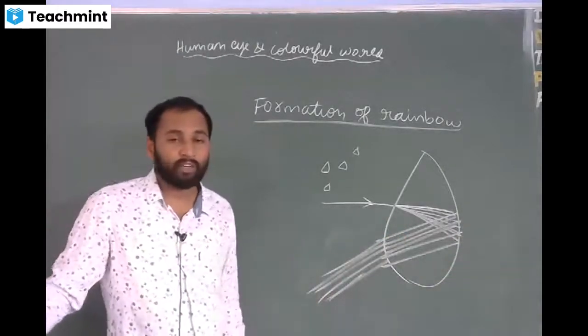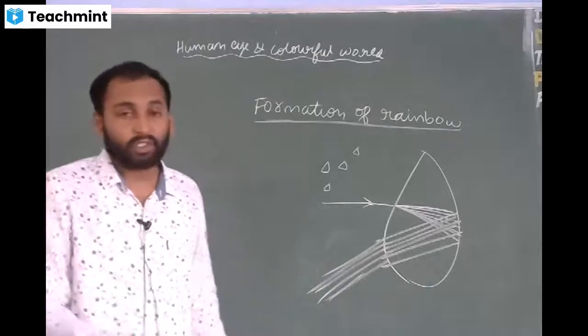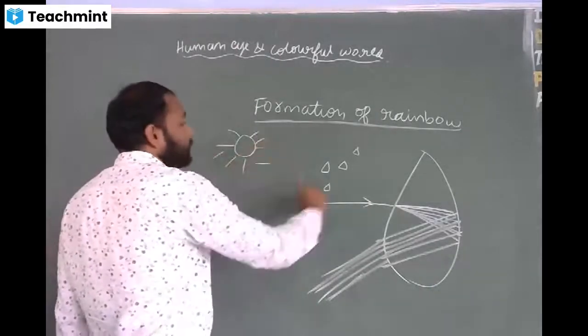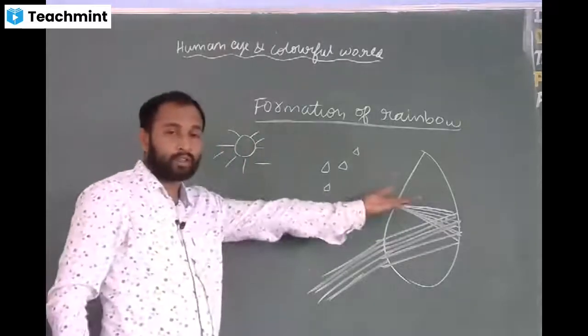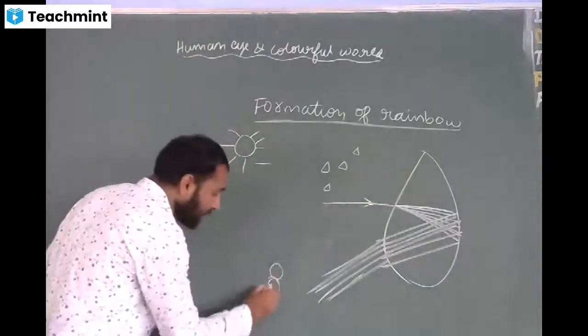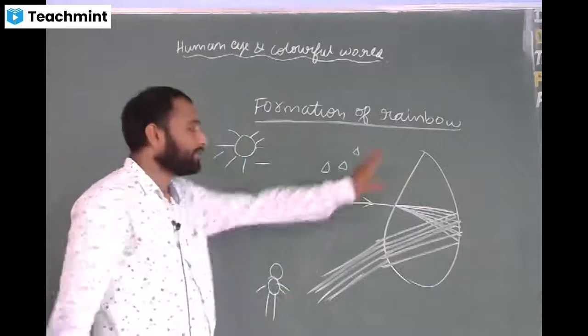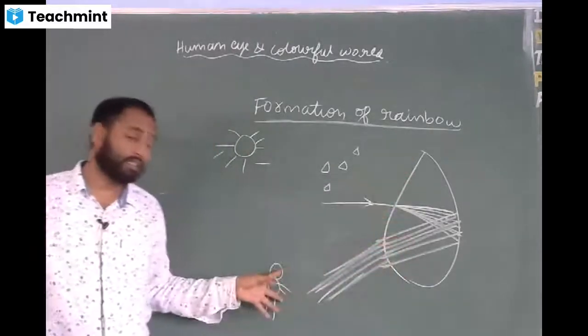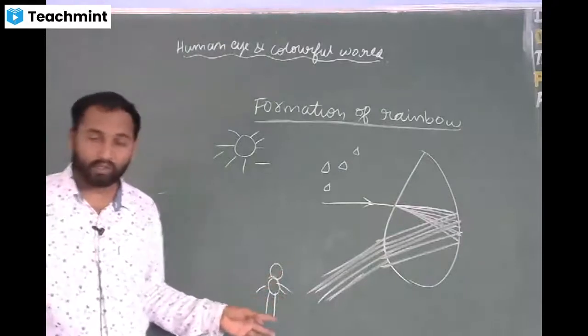Rainbow is always formed opposite to the direction of the sun. If the sun is in this direction, the rainbow forms opposite to it. So if we are standing here after a rain shower and look in this direction, this is how we see the rainbow. Understood?